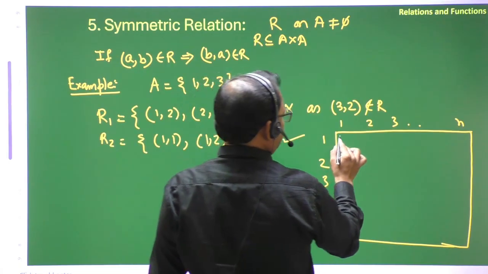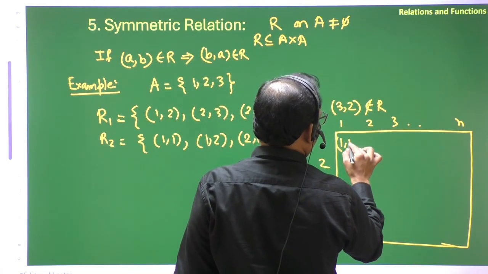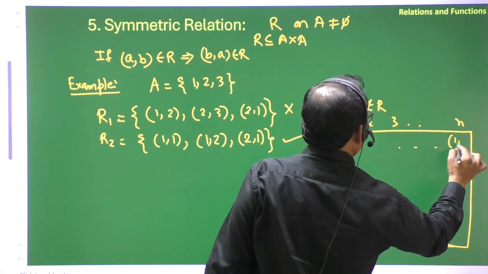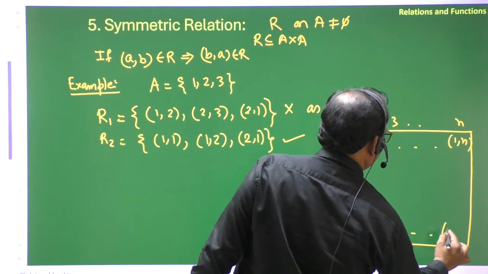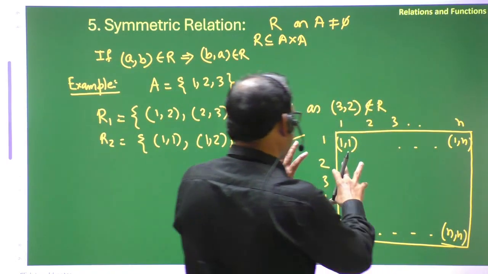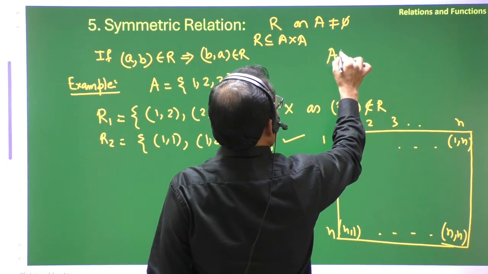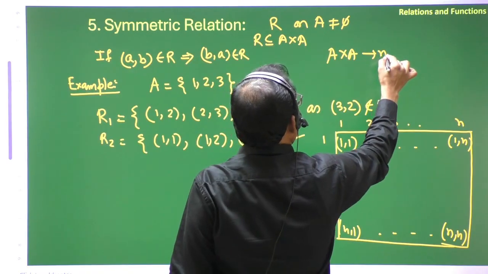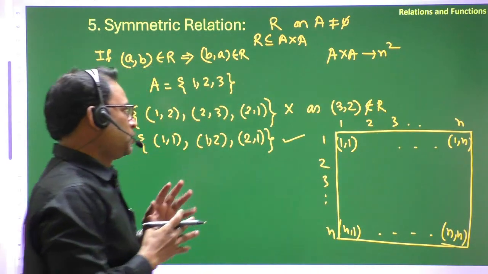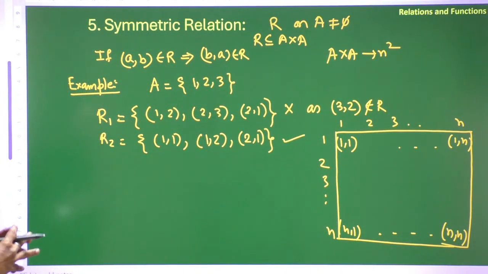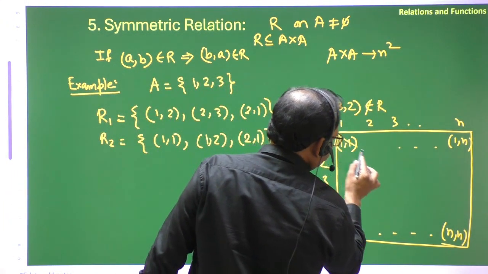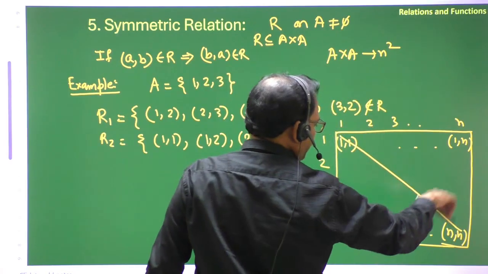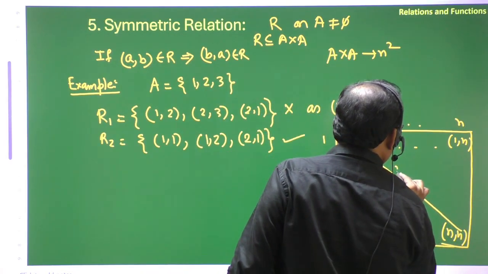So on A cross A, how many elements do we have in total? A cross A contains a total of n square elements. Now for the symmetric relations, how many diagonal elements are there? For this matrix, the number of diagonal elements is n.